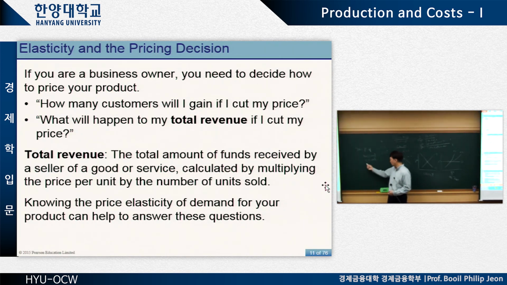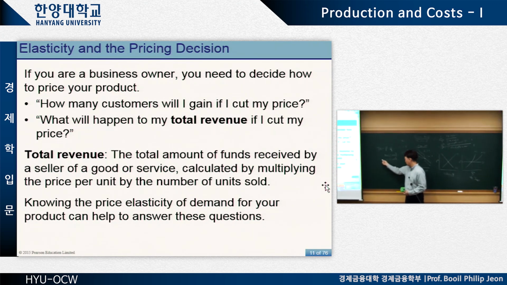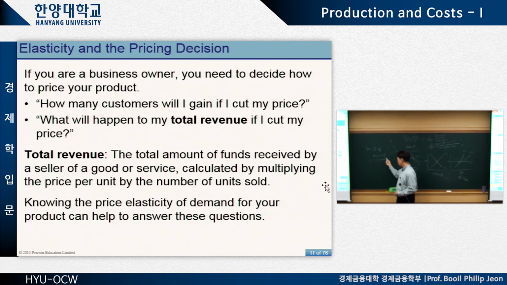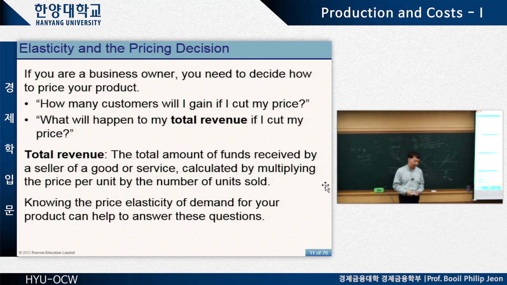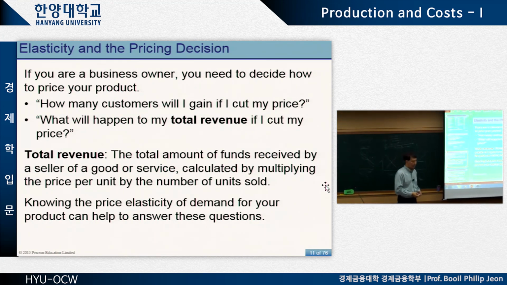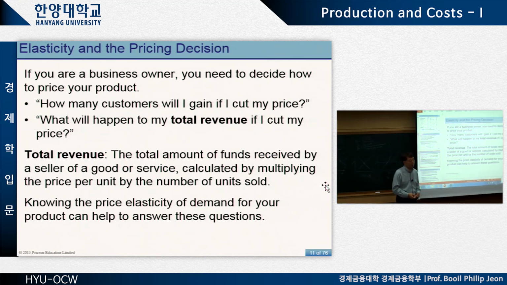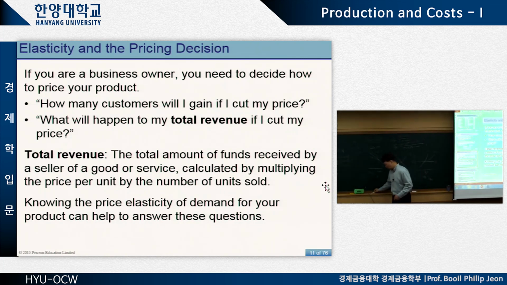When the price goes down by 10%, quantity will increase only by 5%. So instead of 1,200, it's going to be 1,050. If you multiply 9 by 1,050, it's going to be less than 10,000. So total revenue goes down. So that's the relationship.